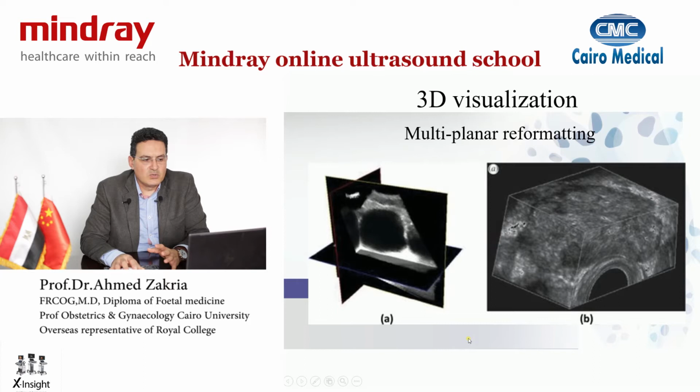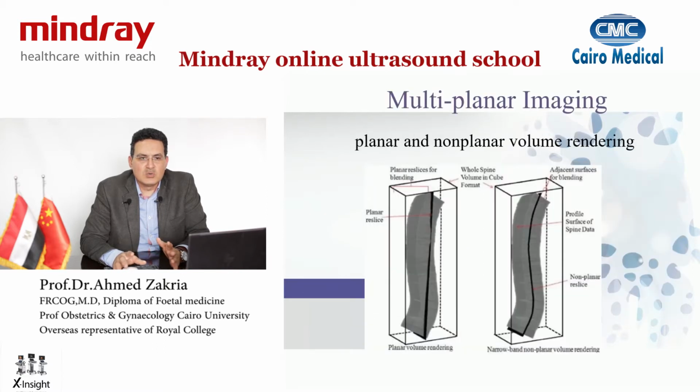With that, you're putting all your slices together, and your computer is doing a multiplanar reformatting to get you the volume of data close to each other. With each slice, the computer tries to find the exact location of that object on the image and apply it to the next point in the next slice, and the next point in the next slice.